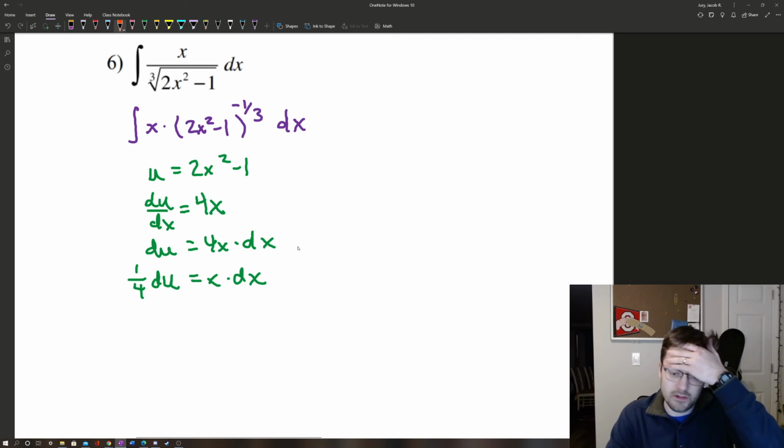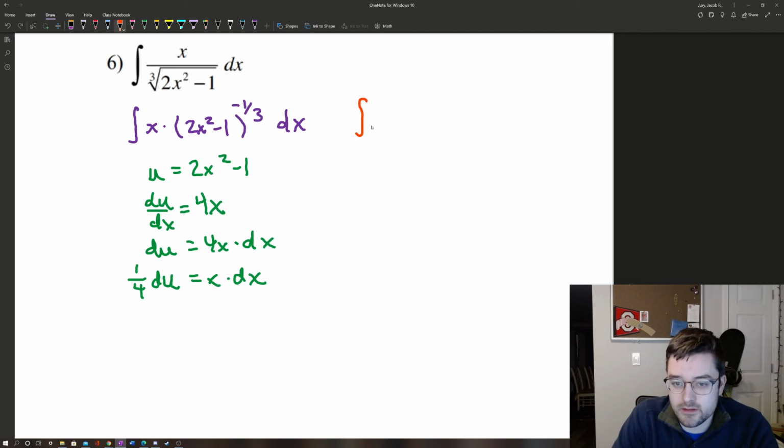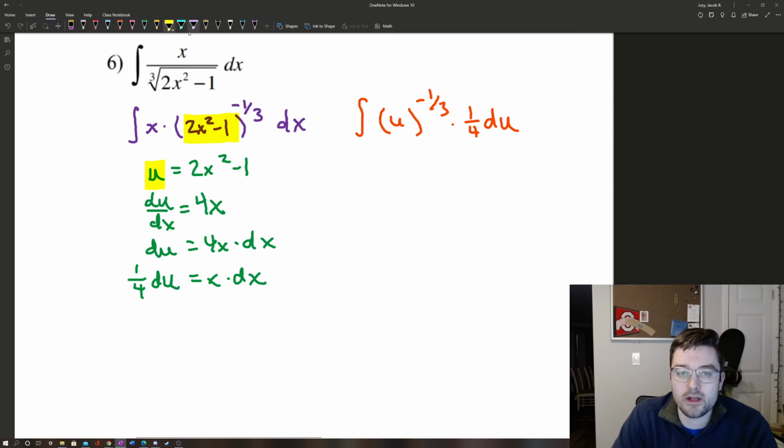All right, so now that I can substitute, I'm going to integrate u to the -1/3 times 1/4 du. So I've replaced 2x squared minus 1 with u, and I've replaced x dx with 1/4 du.